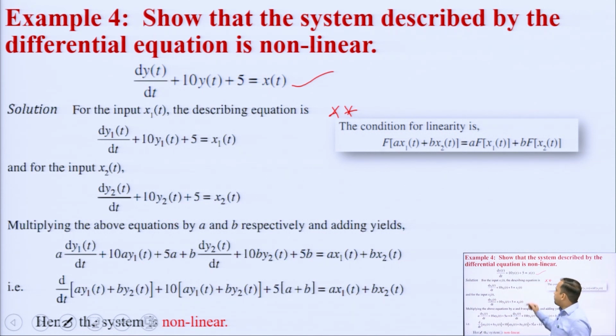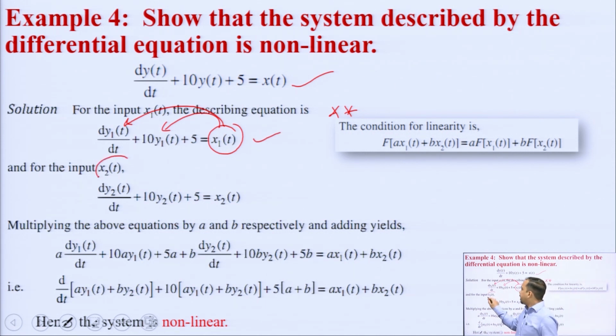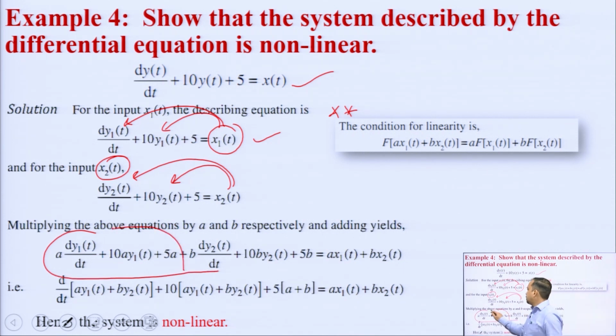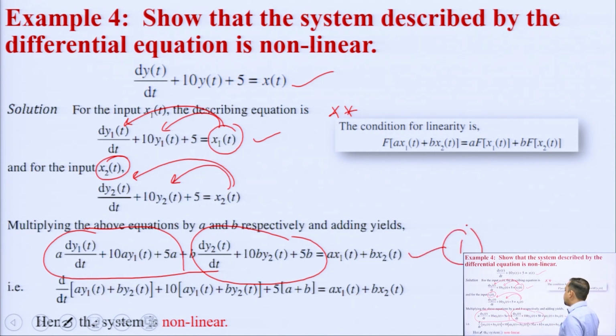So when we have the signal x1, it will give rise to the output which is y1. So we have this equation. Next, when we have input x2, it will give rise to the output which is y2. So first we are getting the addition of these two equations by using the homogeneity. So a times this one plus b times, let us say this is equation number 1.